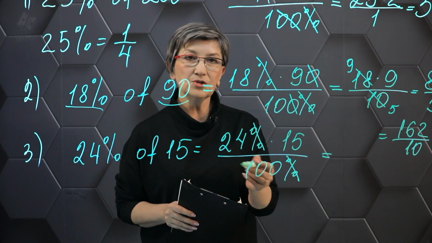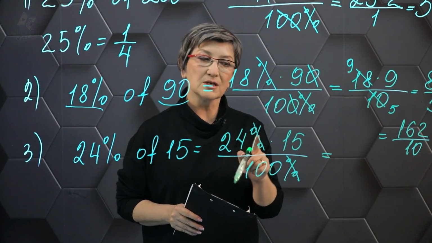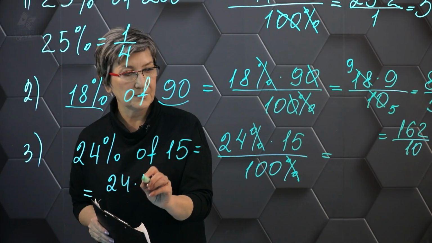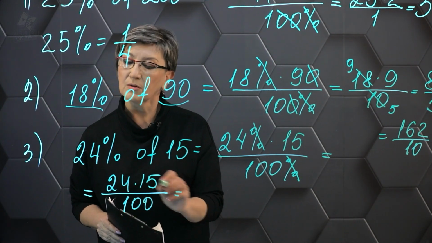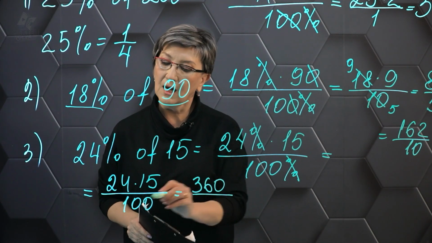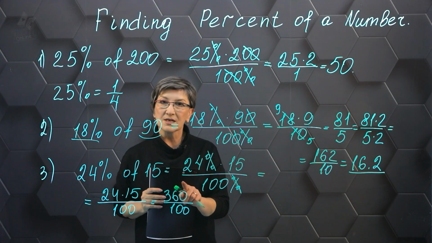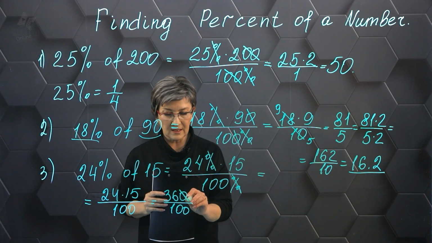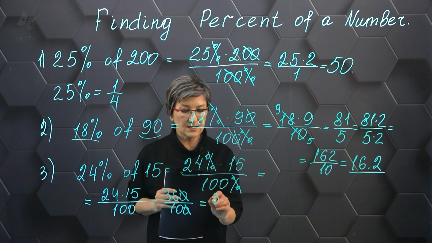In this case, you could, of course, reduce 24 and 100, but I'm not going to shorten it. I'm going to multiply 24 directly by 15 and divide by 100. 24 times 15 is 360, and I have 100 left. And now I can reduce by 10, so I cross out 1 zero in the numerator and 1 zero in the denominator. I get 36 tenths.